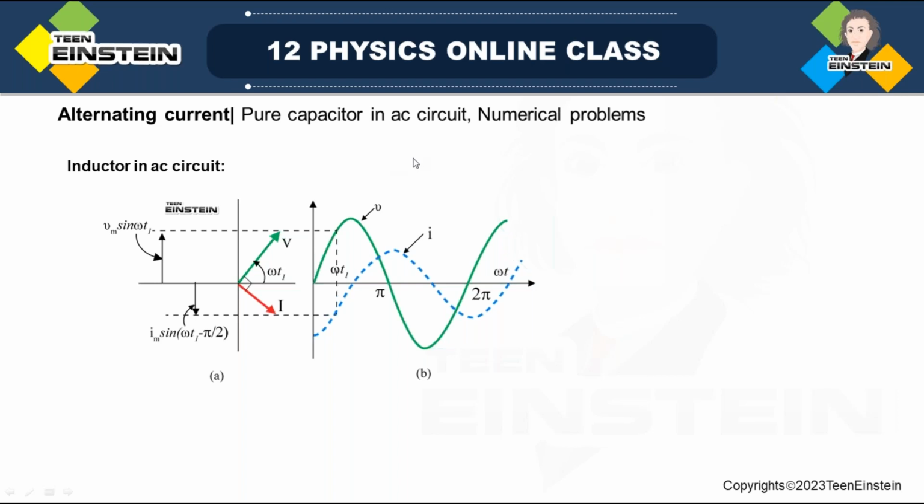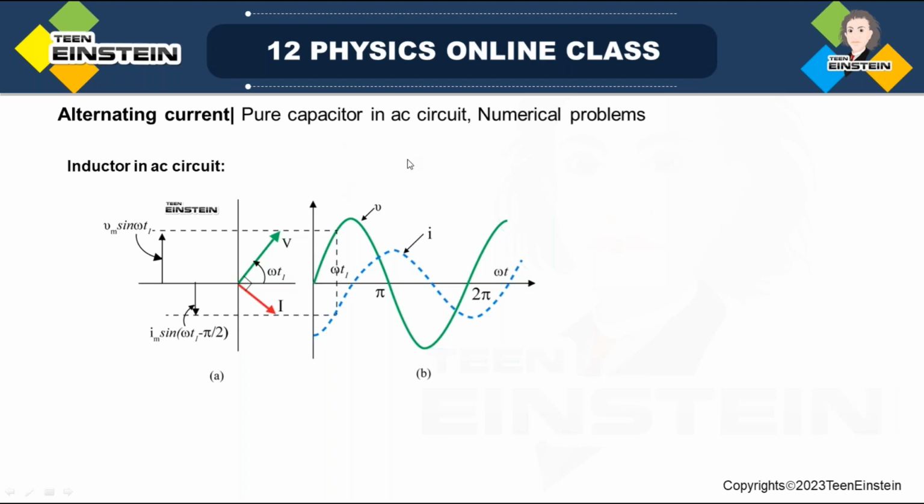And then we had already discussed about pure resistor. When we connect a pure resistor, what is the current voltage relationship, and we had seen what is the current voltage relationship when a pure inductor is connected in an AC circuit. So today we will be discussing mainly this pure capacitor.